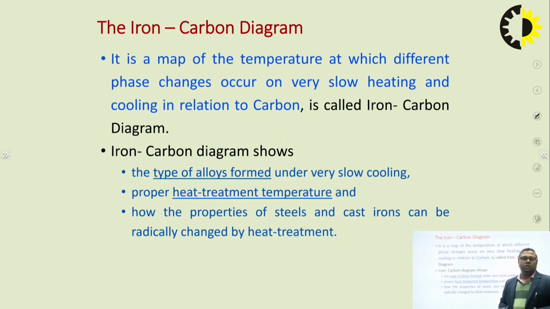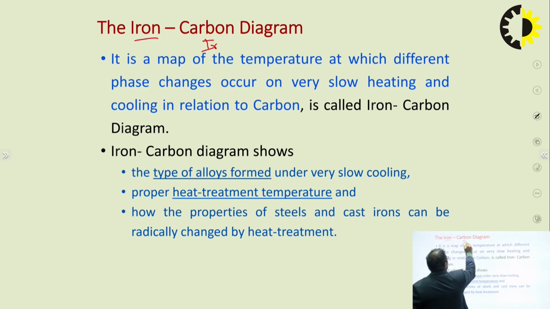So with this topic we can see how the material behaves in a different manner when the temperature is increasing from about 700 degrees to 1400 degrees. So coming to the iron carbon diagram, the exact name is the iron and iron carbide diagram. This is the map of temperature at which different phase changes occur on very slow heating or cooling in relation to the carbon.